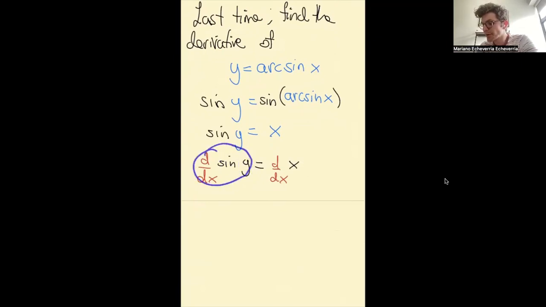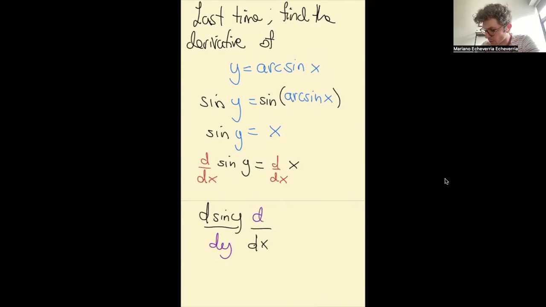So to find this derivative, which is with respect to x, you cannot just compute it directly. You have to use the chain rule. So you can write this as d sine of y, and the other one is easy because it's the derivative of x with respect to x.